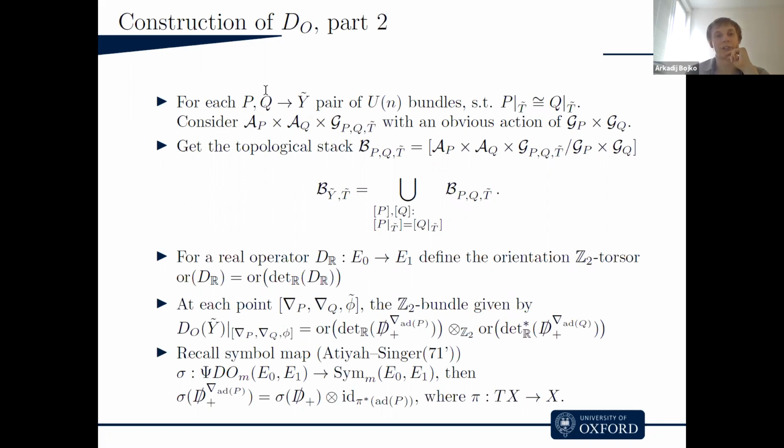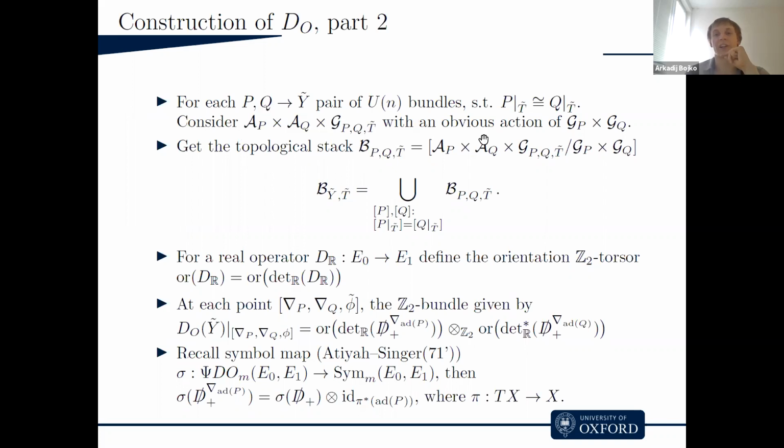I assume that they are isomorphic on T tilde, without picking an isomorphism. And I consider the space of all connections on P, cross all connections on Q, cross all the isomorphisms from P into Q on T tilde. So this is what this space means here.